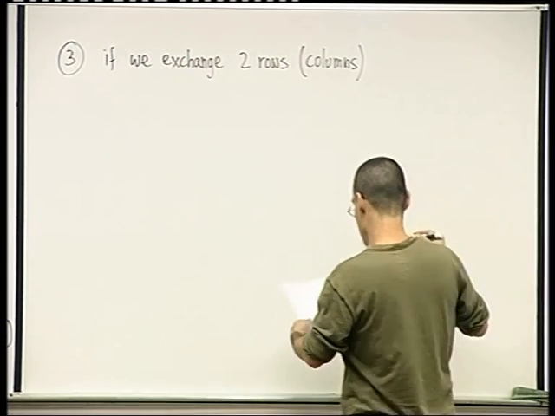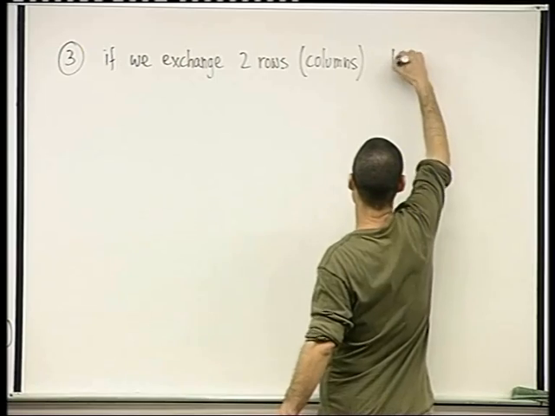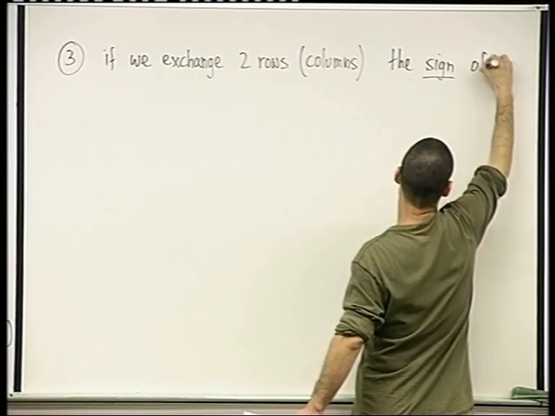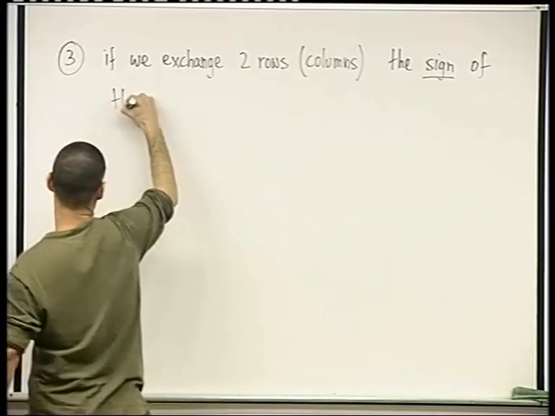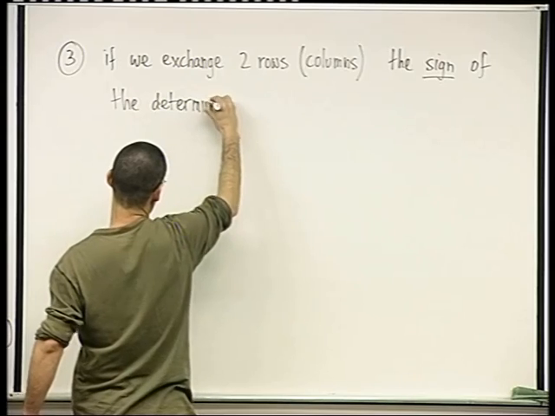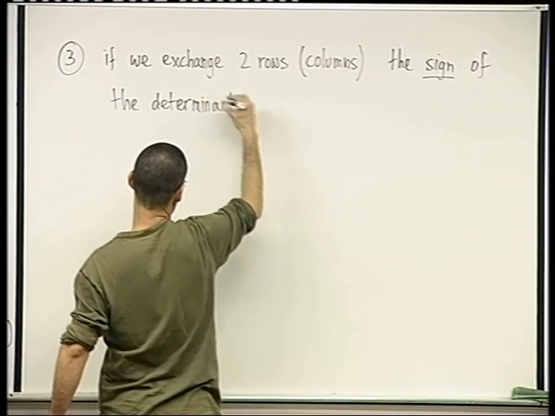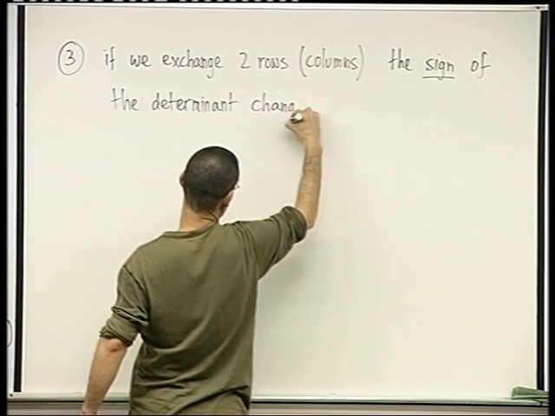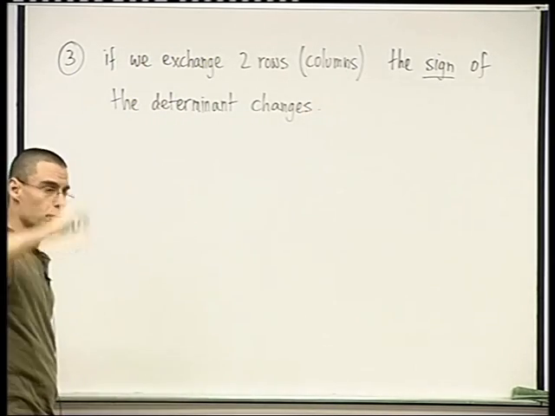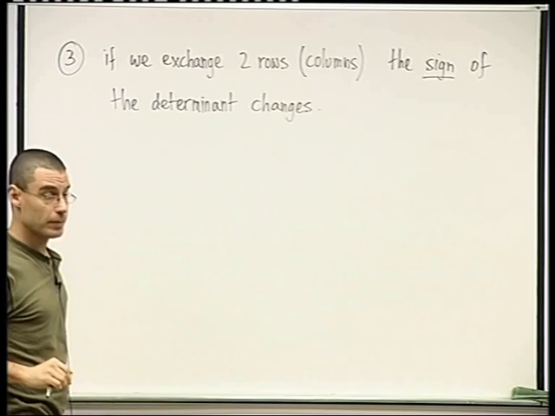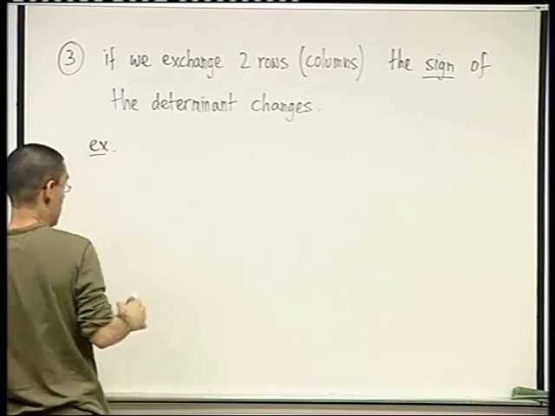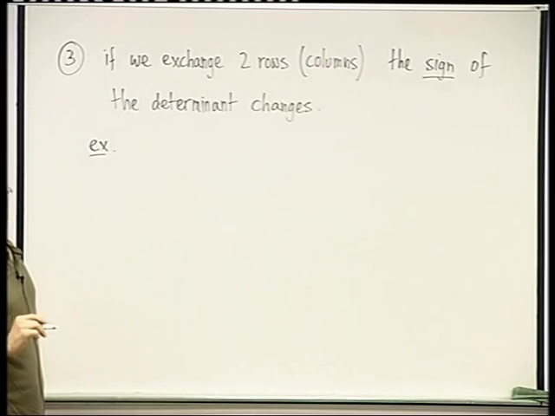So if we exchange 2 rows, only the sign of the determinant changes. So if the determinant was -5, you change 2 rows, the determinant is going to be 5. Okay? So if we do it twice, we just get the same result. Right. If you do it twice, it's like doing nothing.